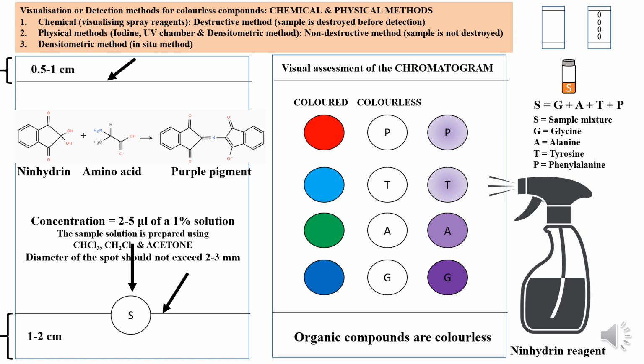So the sprayed ninhydrin chemically reacts with the amino acid spots on the TLC plate, and as a result, due to the chemical reaction between the amino acid and ninhydrin, the purple colored spots are formed. So we are taking advantage of the fact that chemical reaction between ninhydrin and amino acid results in a colored product.